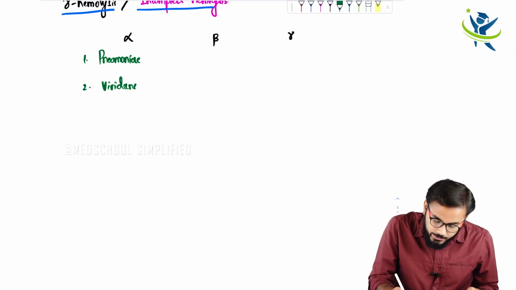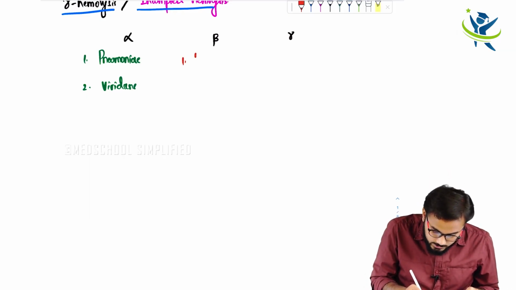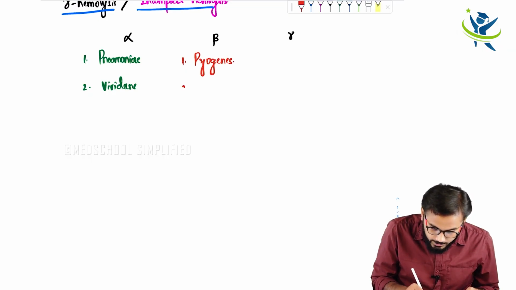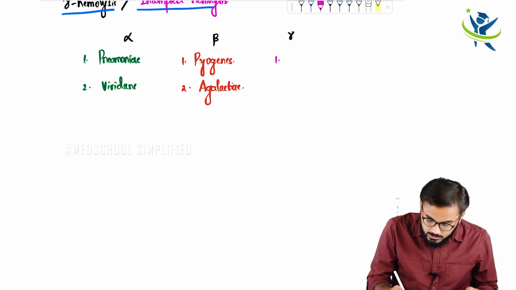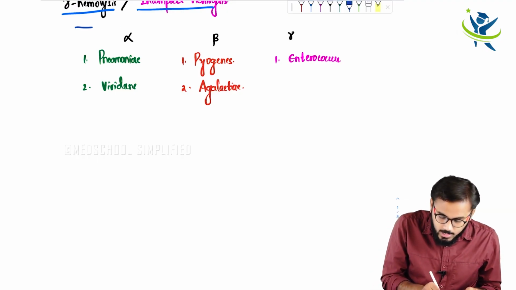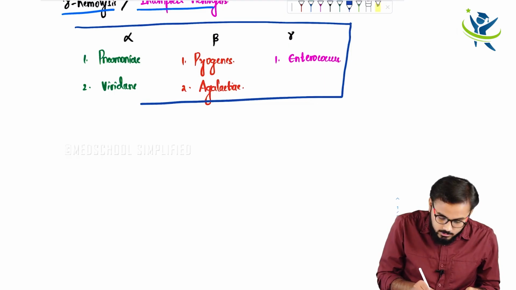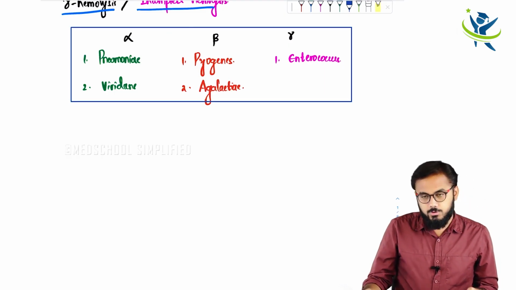When you come to beta hemolysis, which is also called complete hemolysis, one is Streptococcus pyogenes and the second one is Streptococcus agalactiae. When it comes to gamma hemolysis, the first thing is Enterococcus. Enterococcus performs gamma hemolysis.